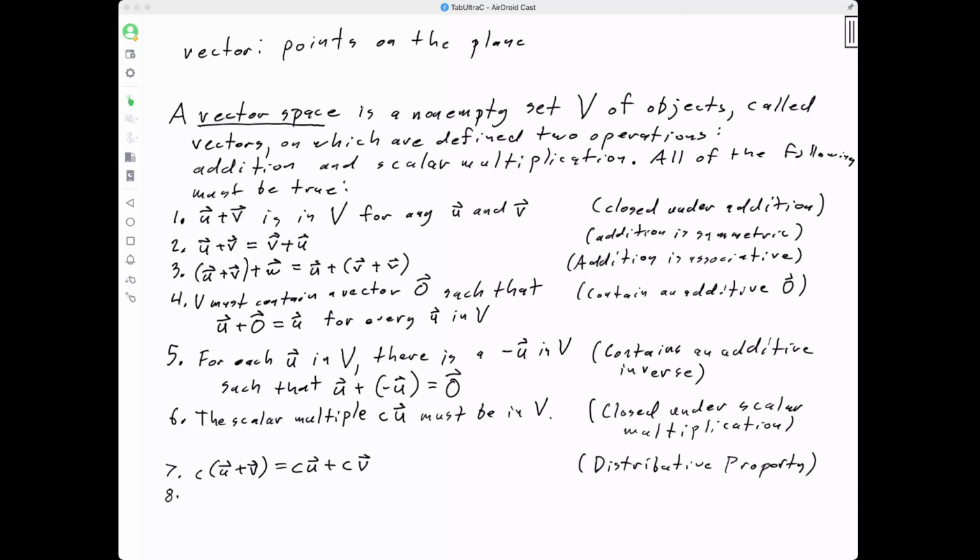The eighth one is another distributive property, but this time it's that the scalars c plus d times u is equal to c times u plus d times u.